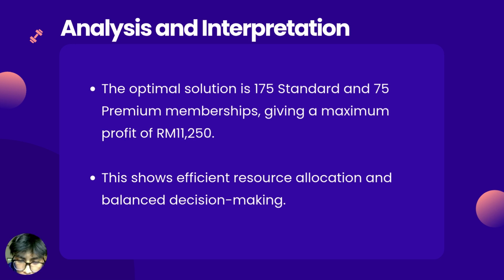Right, and let's interpret the result. The first one is the trainer budget is fully utilized. The optimal solution is 175 standard and 75 premium memberships, giving a maximum profit of 11,250. And this shows efficient resource allocation and balanced decision making.